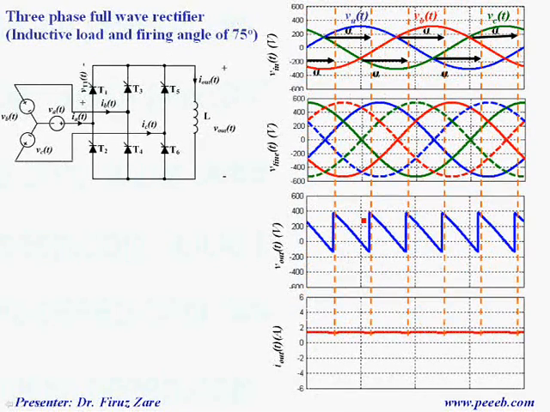But at this firing angle, the output voltage is getting negative, so here we have negative voltage, but because the output current is positive, the current through this thyristor, for example, is positive. So in this case that thyristor conducts.